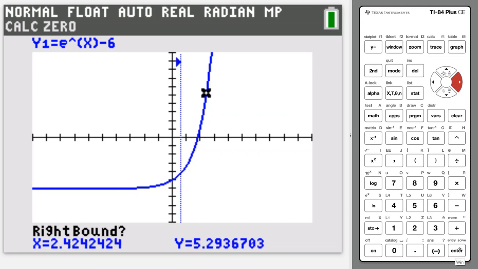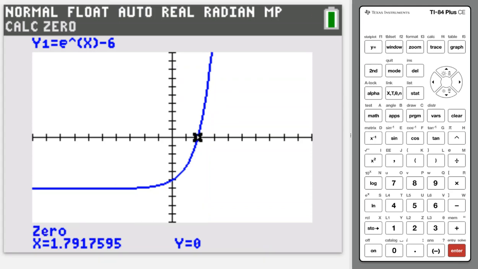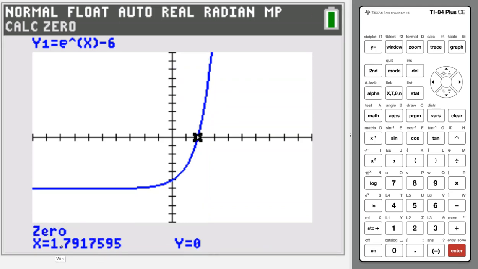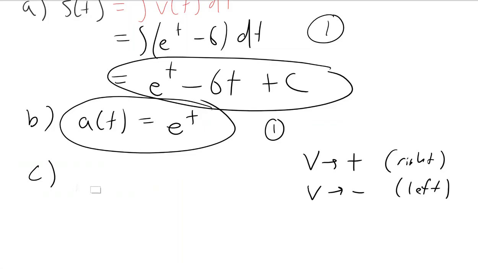Right bound means move the cursor somewhere to the right of the 0. Then hit enter to skip guess, and it will jump to that point for you. This is a needed calculator skill. 1.792. So at t equals 1.792. Is that what you have to write down?